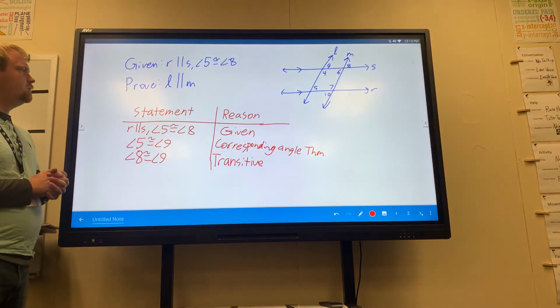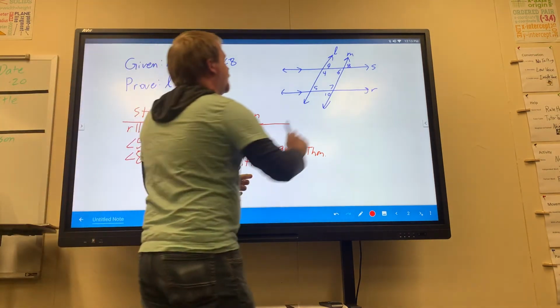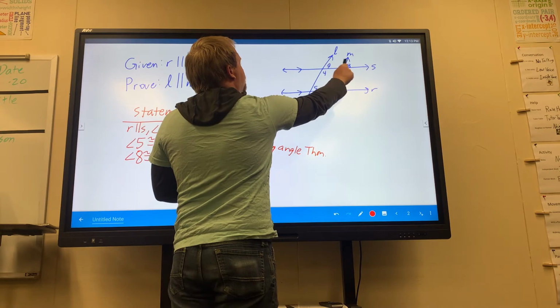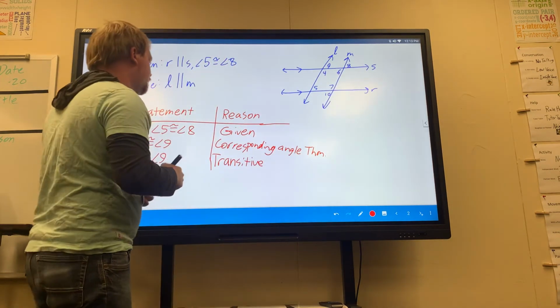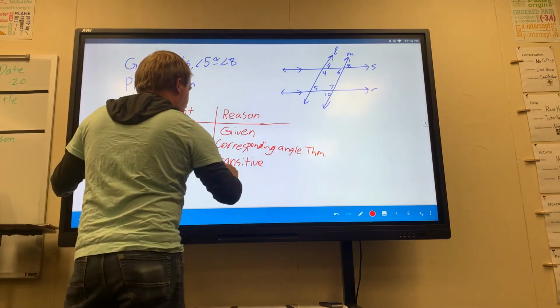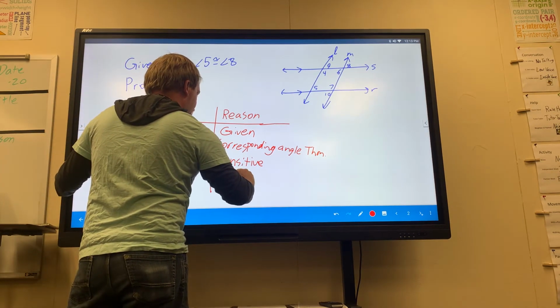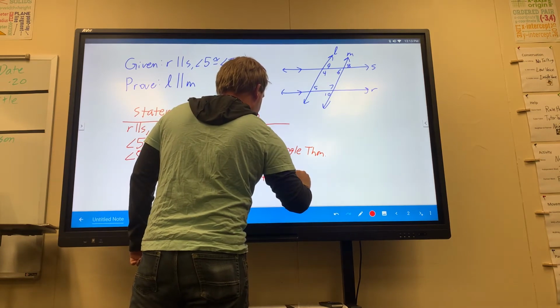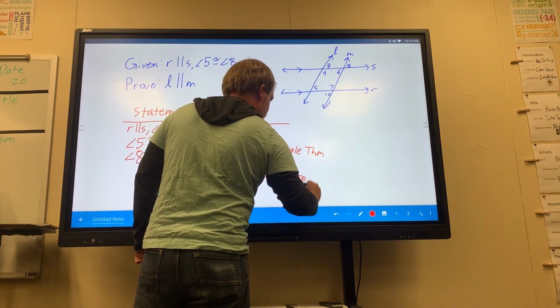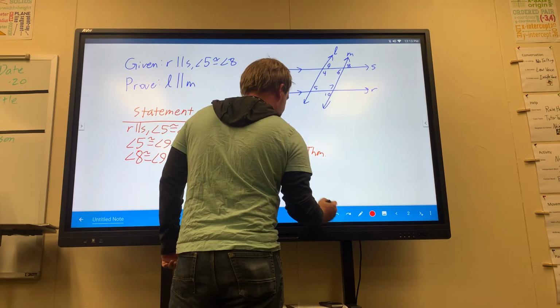Now, since I know that these two angles are congruent to each other, because they're in a corresponding position, then by the converse of corresponding angles, let me rewrite that.